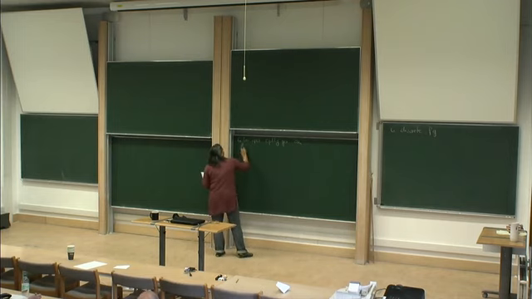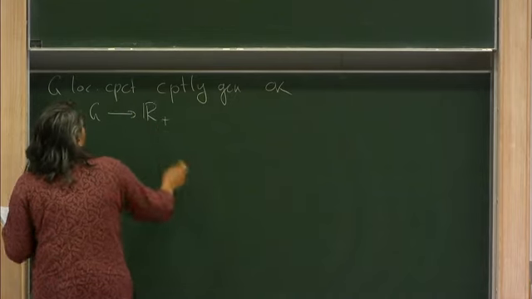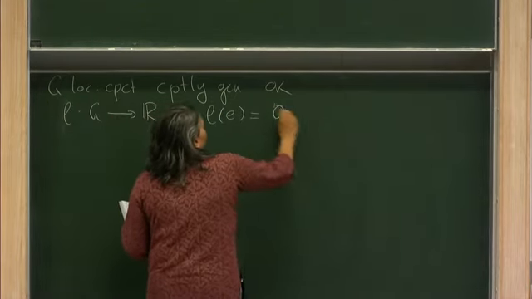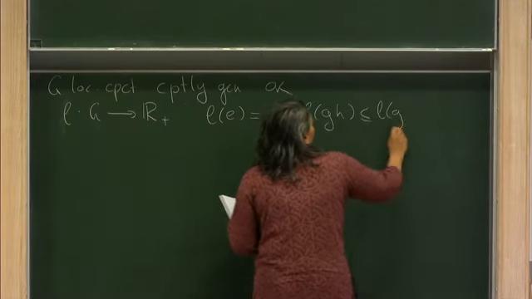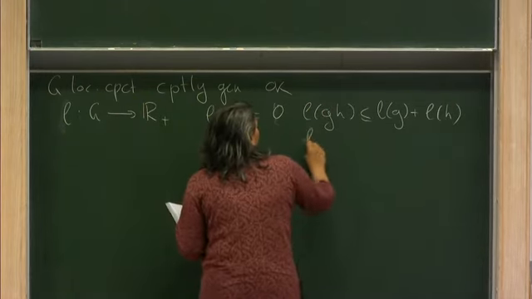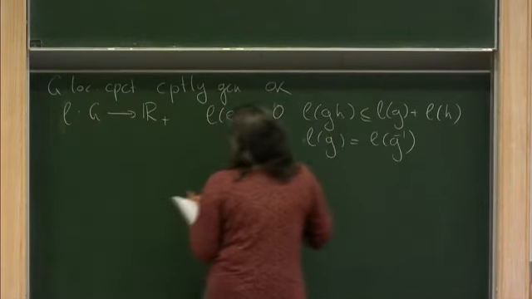And I'm going to take a length function, which is a map from G to R plus, and that satisfies that the identity is 0 and it's subadditive. And L(g) is L(g inverse), so that's a length function.